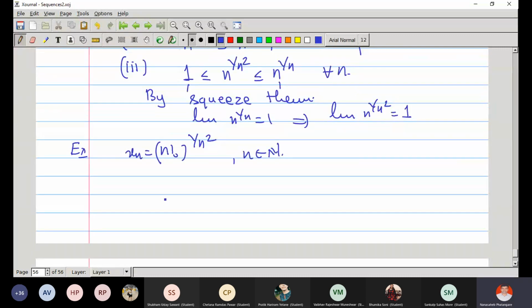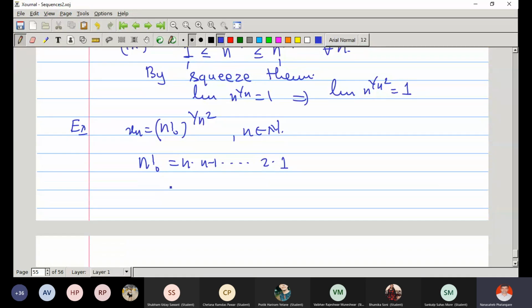How will you use the squeeze theorem in this case? We can write n factorial is less than n raised to n for all n belonging to natural numbers. n factorial is n into n minus 1 and so on, 2 into 1, right?